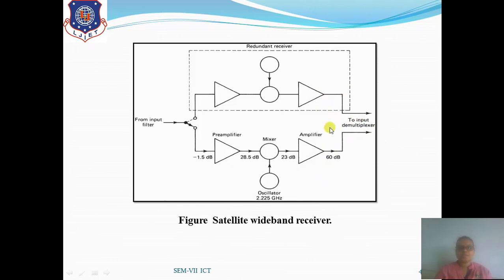So the signals between 4 GHz and 6 GHz will be transferred to the input demultiplexer. There will be various signals, so all the signals get multiplexed over this wideband receiver, and then these are passed to the input demultiplexer.